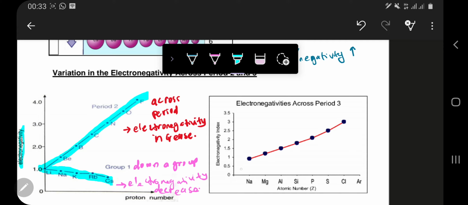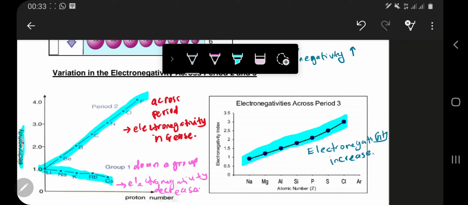Okay, here we can also see the value of electronegativity from sodium, magnesium, aluminium, silicon, phosphorus, sulfur, chlorine and argon when we go across period 3 of elements. So we can see that the electronegativity also increases.